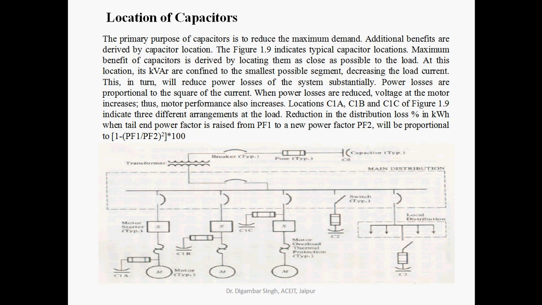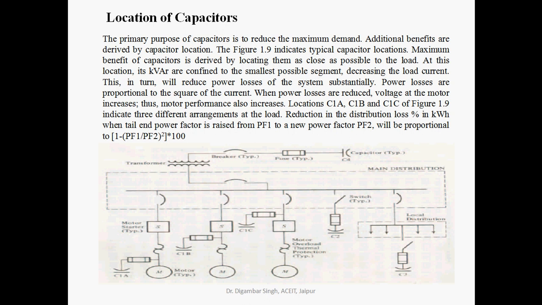At this location its kVAR is confined to the smallest possible segments and decreases the load currents, which in turn reduces the power loss of the system. The power loss is proportional to the square of the current. When power losses are reduced, the voltage at the motor increases, thus motor performance also increases.